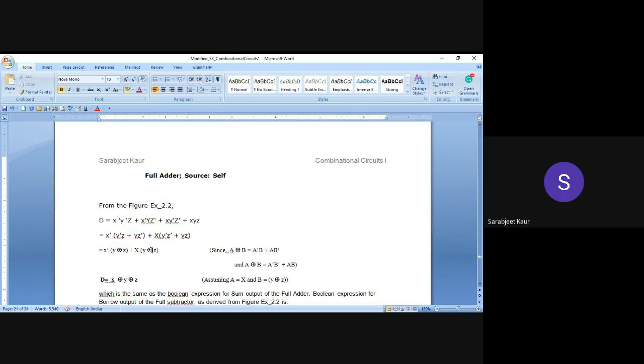And what is this? This is y XNOR z. You know what happens here is that sometimes some version of the Word supports a particular symbol and the other one does not.